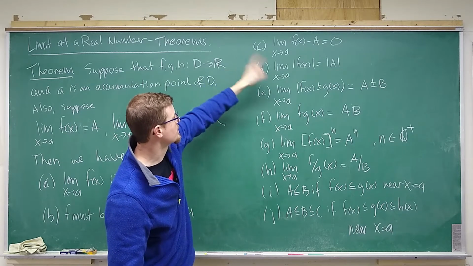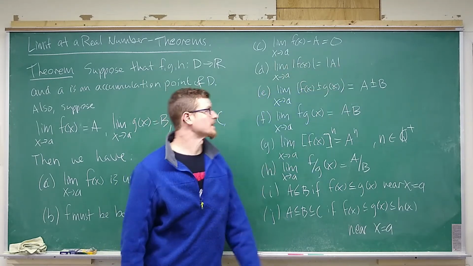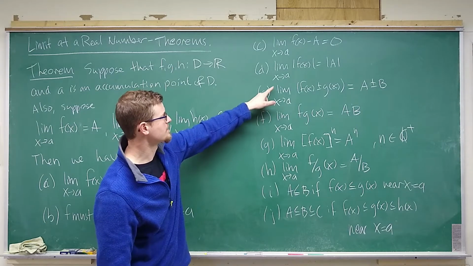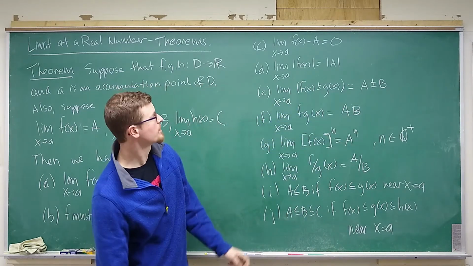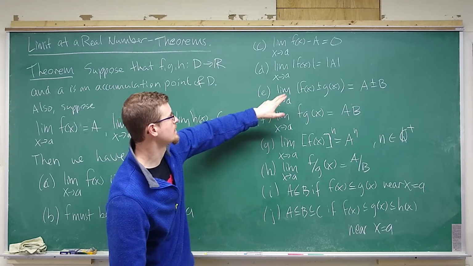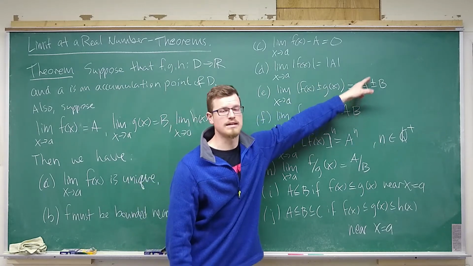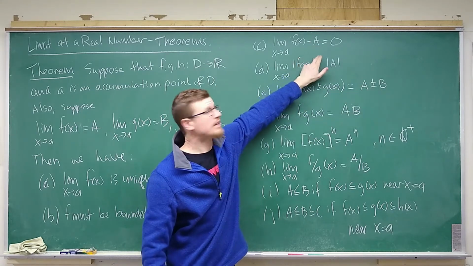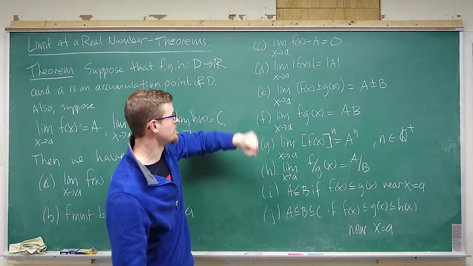Part D is the limit of the absolute value of the function is the absolute value of the limit. Part E is the limit of a sum or difference is the sum or difference of the limits. So if we took the constant function a, then the limit of f(x) minus a would be A minus A, giving us 0. So that's exactly the same as C here, or C is a particular case of E rather.